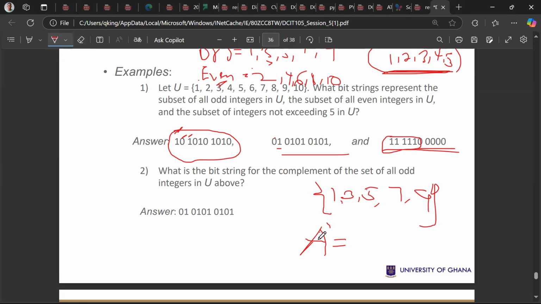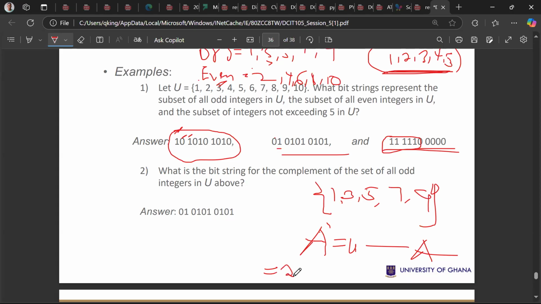It's going to be the universal set minus the A. So minus the A, what are we going to get? We are looking for things that we'll see in the universal set that we'll not find in the A. What is left aside 1, 3, 5, 7, 9.